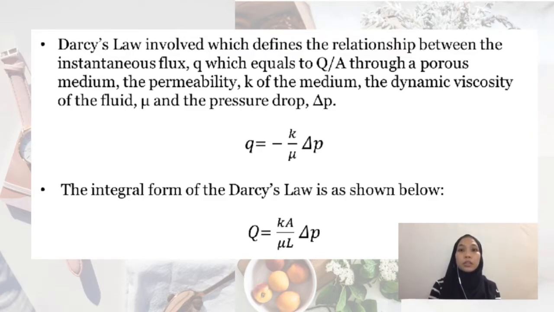The equation is Q equals negative K over mu times delta P. The integral form of Darcy's law is Q equals KA over mu L times delta P, where Q is the flow rate, K is the permeability of the sample, A is the area of the sample, mu is the dynamic viscosity of the fluid, L equals the length of the tube, and delta P is the pressure drop.